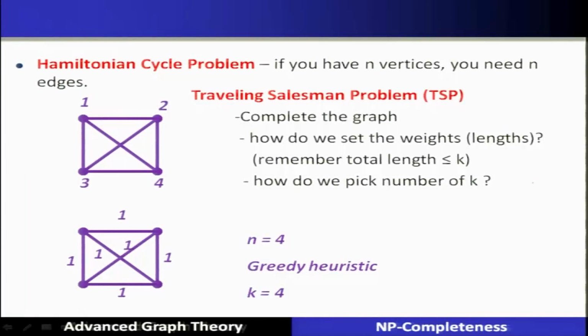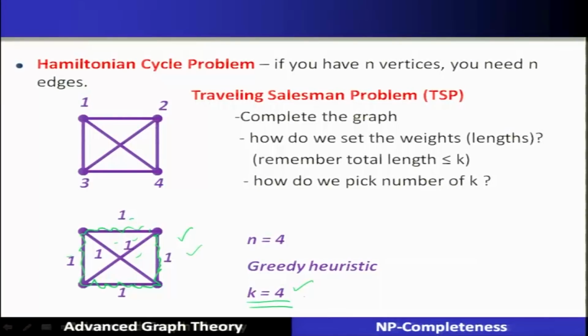Now, the value of k, for example, if this particular graph is given and all the edges have edge weights of 1, then if we find a cycle in this traveling salesman problem, the cycle is of length or cost 4. So, if we say find a cycle of cost less than 4, that is not possible.